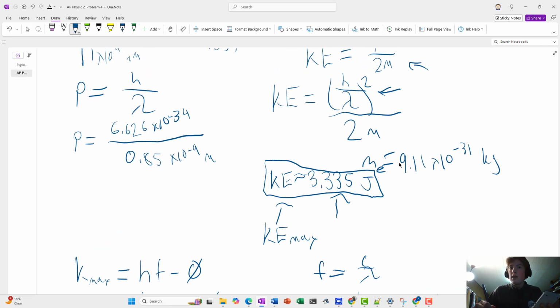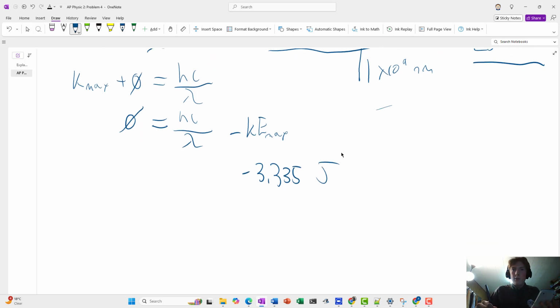I guess I forgot to add 3 times 10 to the negative 19th. So that is one thing I forgot to add. So this will just be 3 times 10 to the negative 19th. And then this value right here is approximately 7.9512 times 10 to the negative 19th.